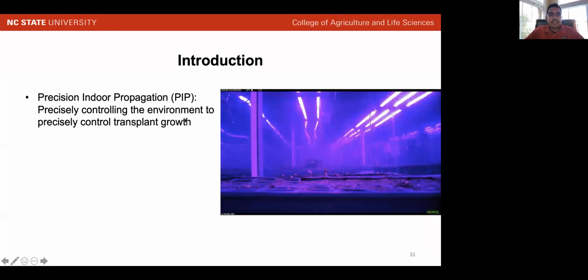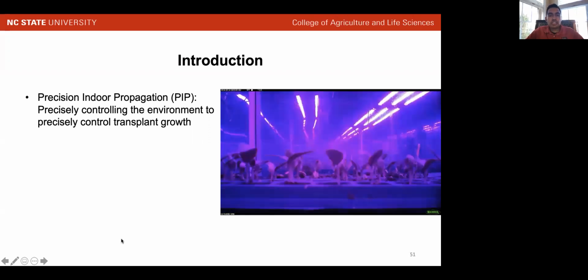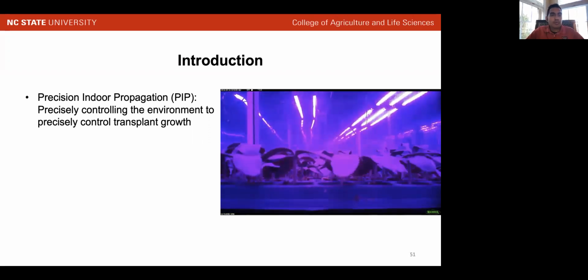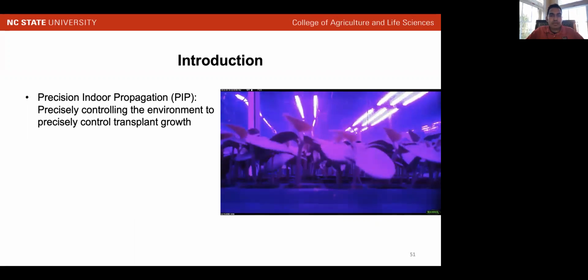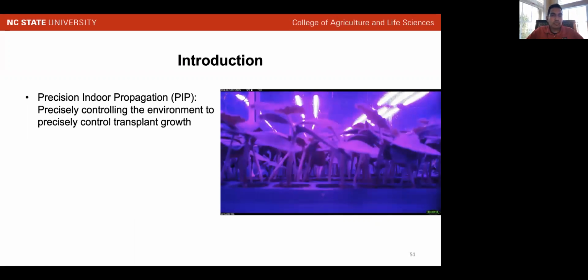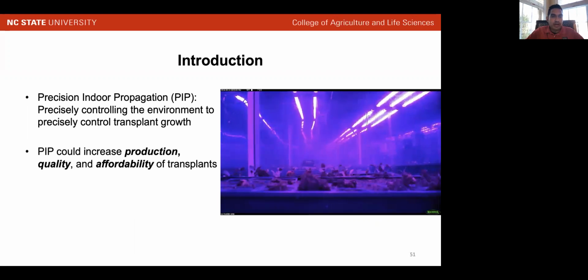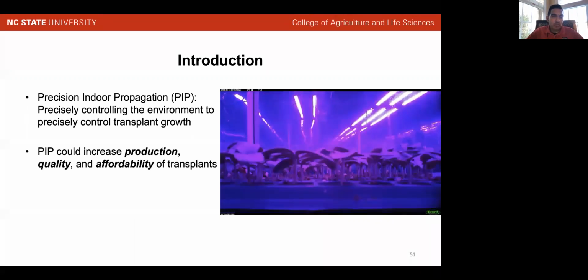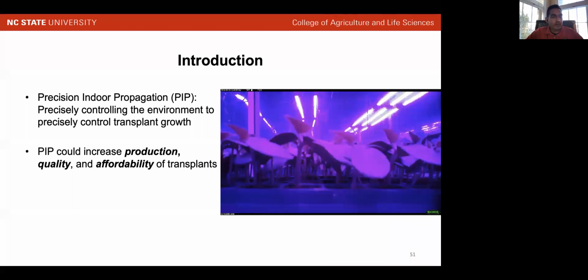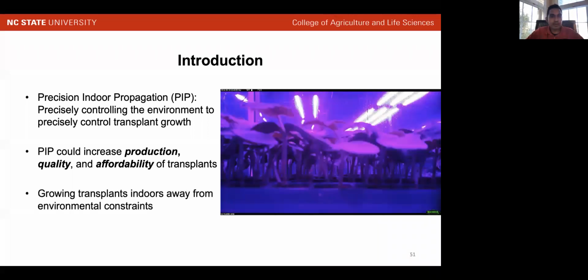So the idea is, can we use light optimization to grow these transplants in a completely controlled environment to increase growth and have a high quality transplant that can move into the field? All of that is good, and it can include production, quality, and affordability of these plants, right?